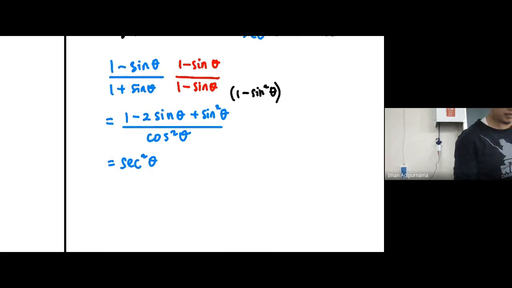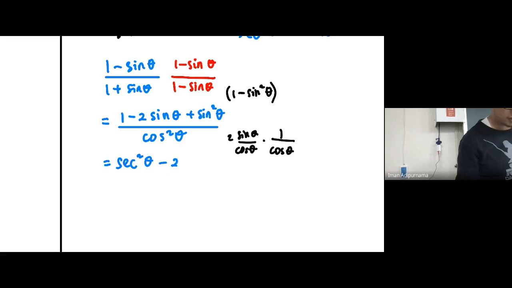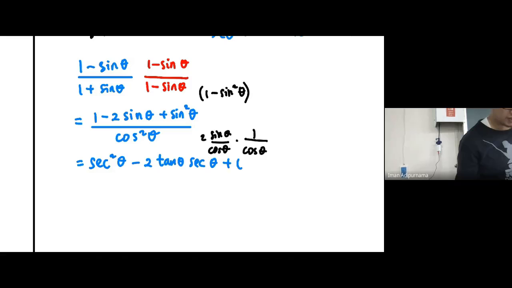And 2 sine theta over cos theta squared, and then 1 over cos, like this. This becomes tangent, becomes secant, right? Minus 2 tangent theta secant theta, and then plus tangent squared.